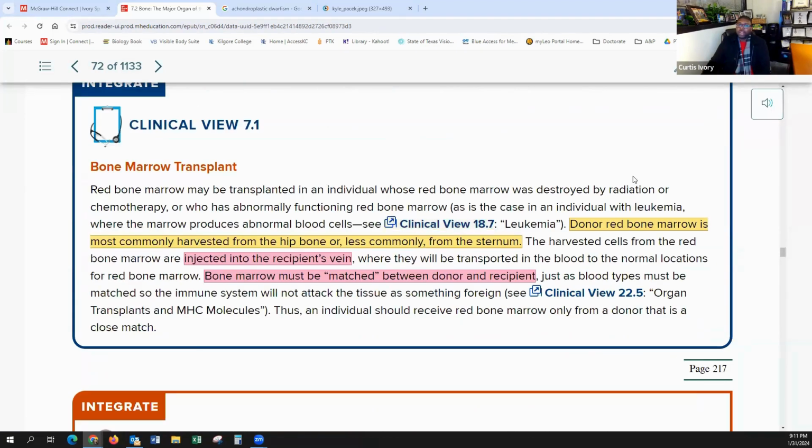So you can also get bone marrow transplants. So let's say that you have some type of leukemia, which is essentially a cancer disorder, but it's going to attack your blood cells, your blood producing cells, or your bone marrow.